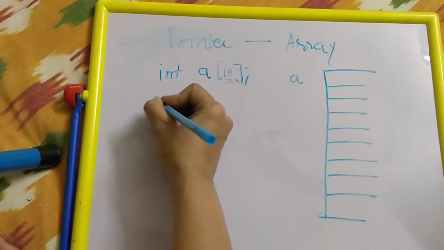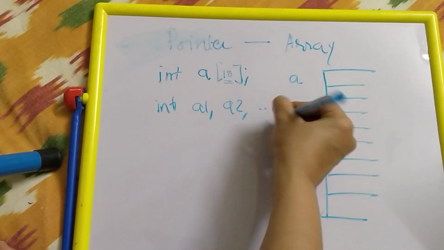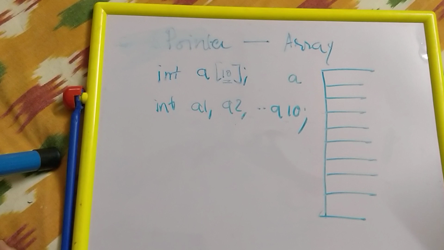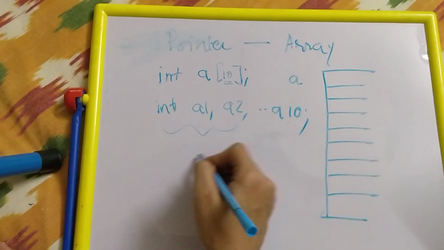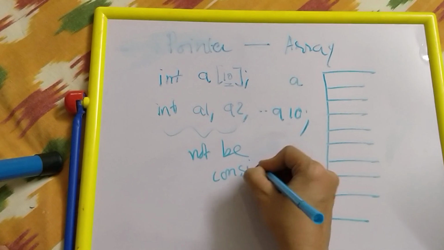If you have 10 different integers like A1, A2 till A10, in that case they may be stored in various different locations. The locations in this case may not be consecutive.